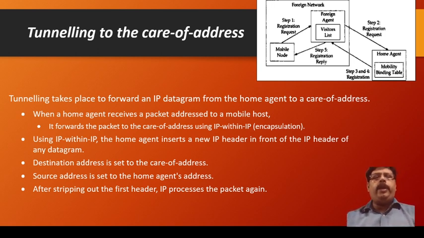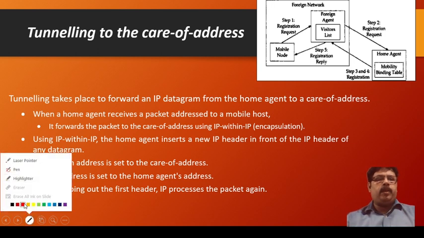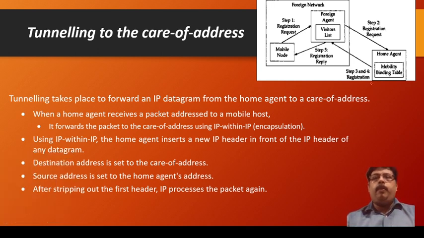Now when the corresponding node sends a data packet, the home agent, here you can see the home agent, receives a packet addressed to the mobile host. You can take it as a mobile node also.